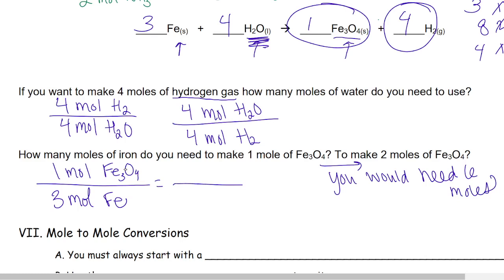So we could do that as an equivalency, so I could say X is what we're solving for, moles of iron for 2 moles of Fe3O4. So if you multiply these two, you would get 6 divided by 1 would still be 6.